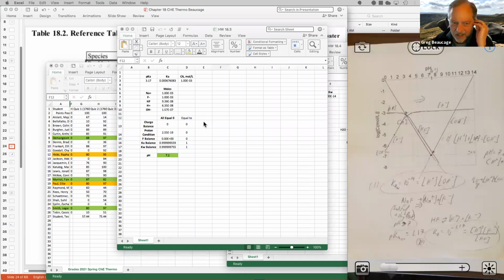I forget what the last example problem in the chapter is, but he uses Excel to solve it with the free energies. Basically all of these you can more or less solve with Excel, except for problem 18.4, which doesn't work very well. Let me get rid of this.